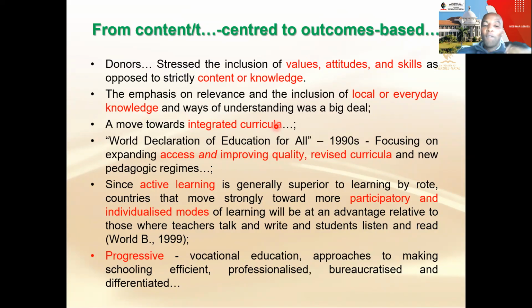So in other words, if you have learned something from mathematics which is applicable to physics, then you just have to respond to that as if you are doing mathematics, although you are doing physics, because these were one learning area. But if we were to go for content-centeredness, each subject is standing on its own. The formula for mathematics may not be used for physics because those disciplines are advanced.